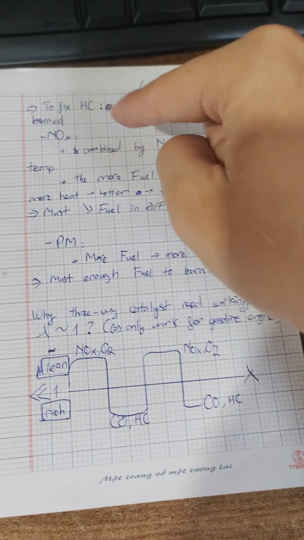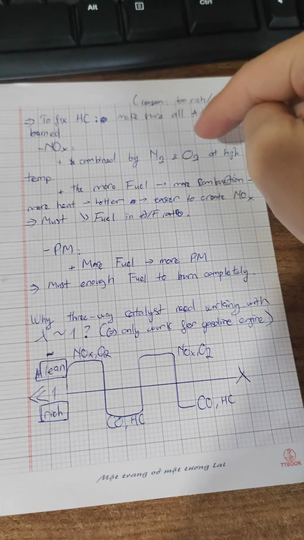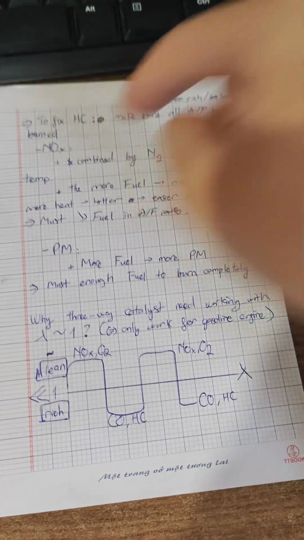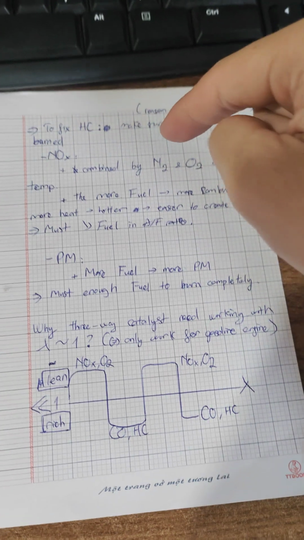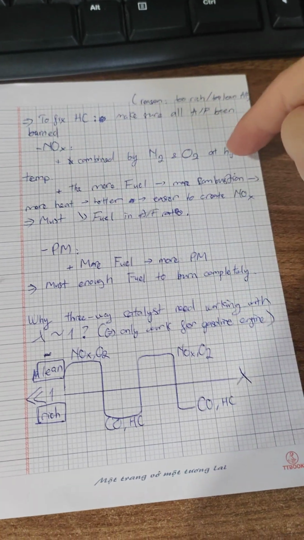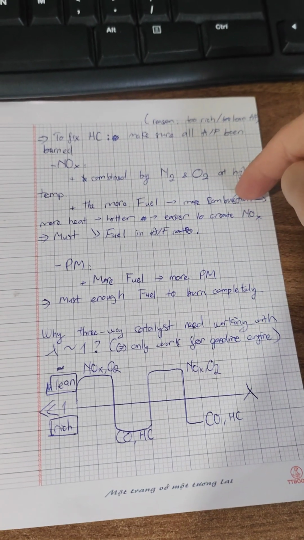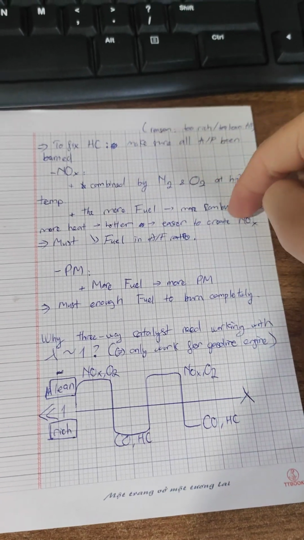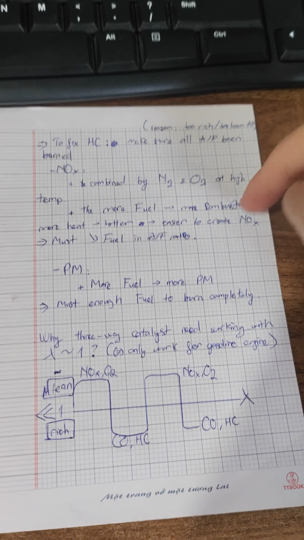For the NOx, this is combined from nitrogen and oxygen at high temperature. The more fuel we have, the more combustion, the more heat, the hotter, so the easier it is to create NOx.